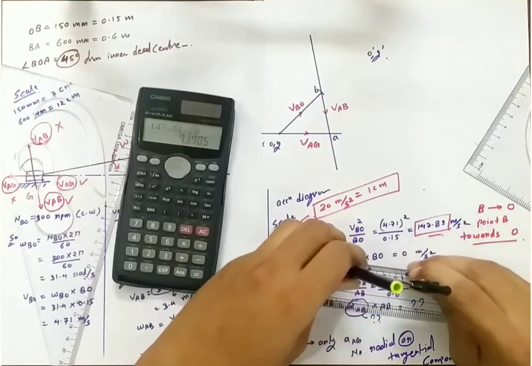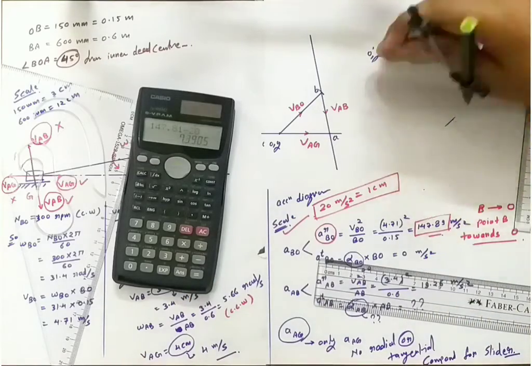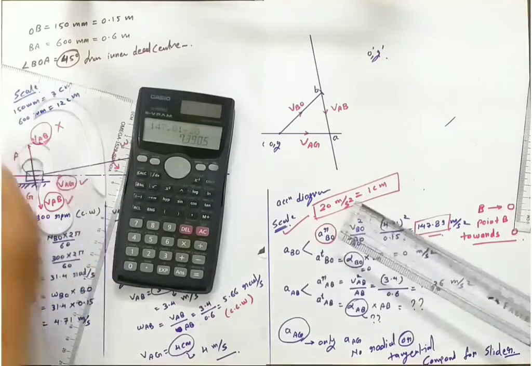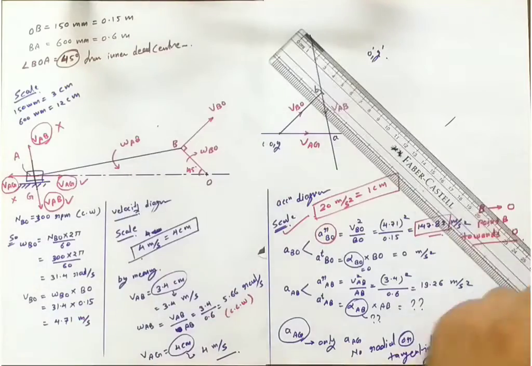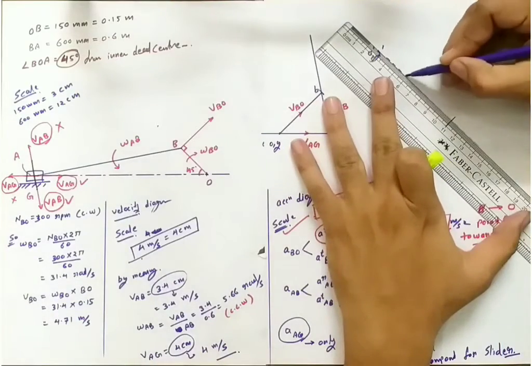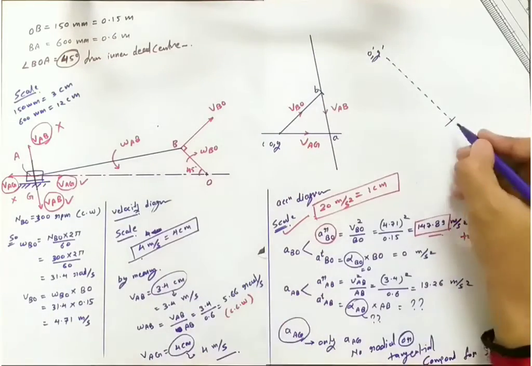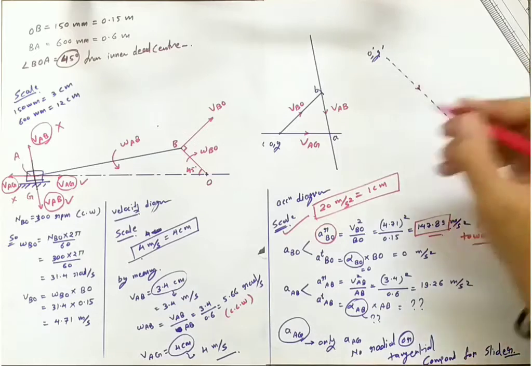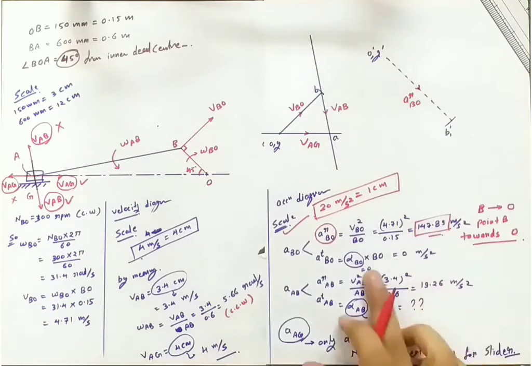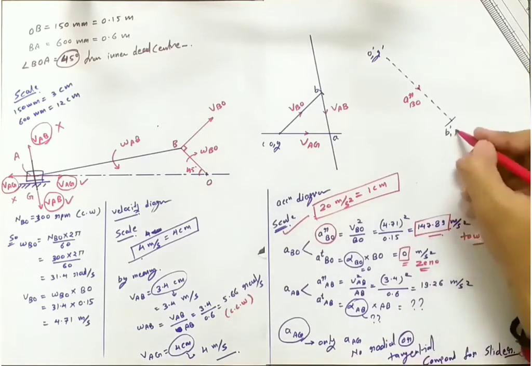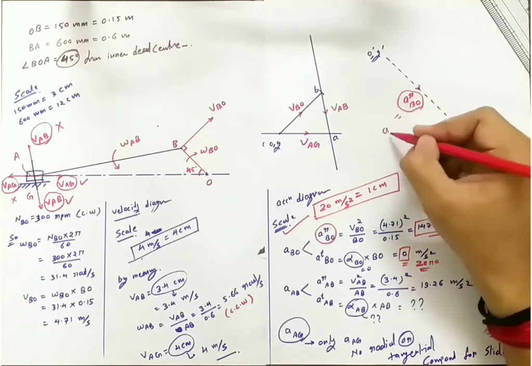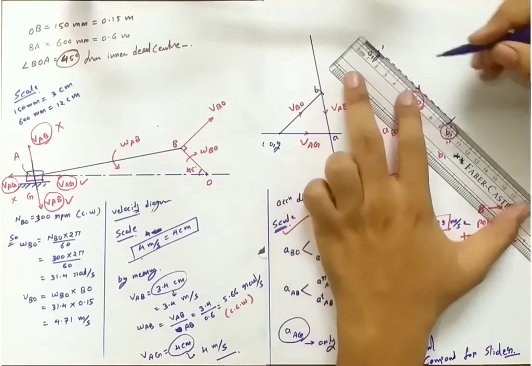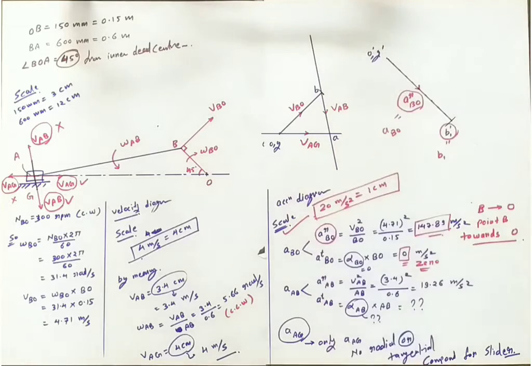So we'll mark this from B to O, that is the radial component of acceleration for this input link, that is for BO. But as you can see, there is no tangential component, so the radial component will be the final acceleration of BO, and we will make this a simple line.